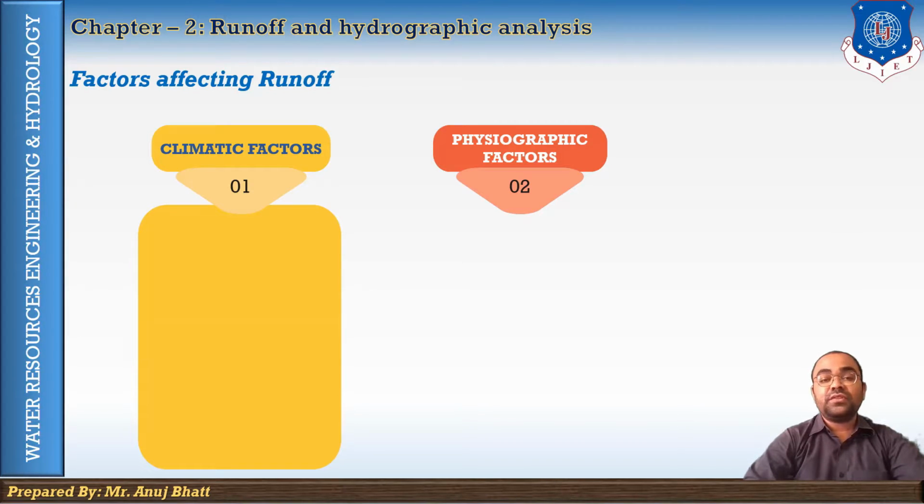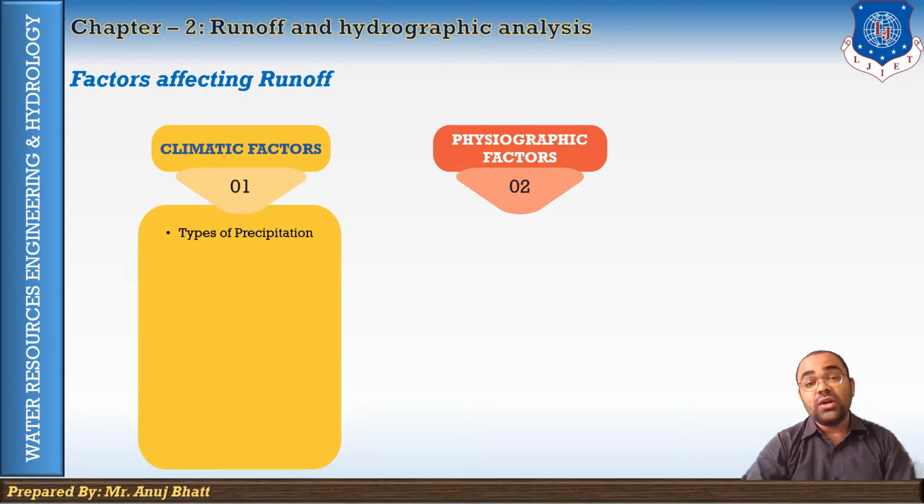The first one is the type of precipitation. The precipitation may occur either in the form of rain or snow. If the precipitation occurs in the form of rain, it will immediately produce runoff. But if the precipitation occurs in the form of snow, it will produce runoff much later, because it has to be converted into water form and then it may move easily.